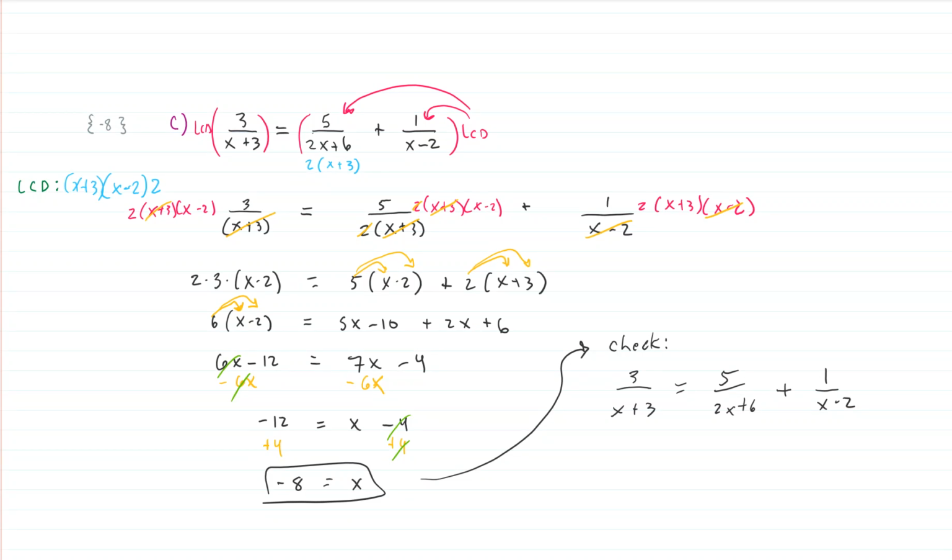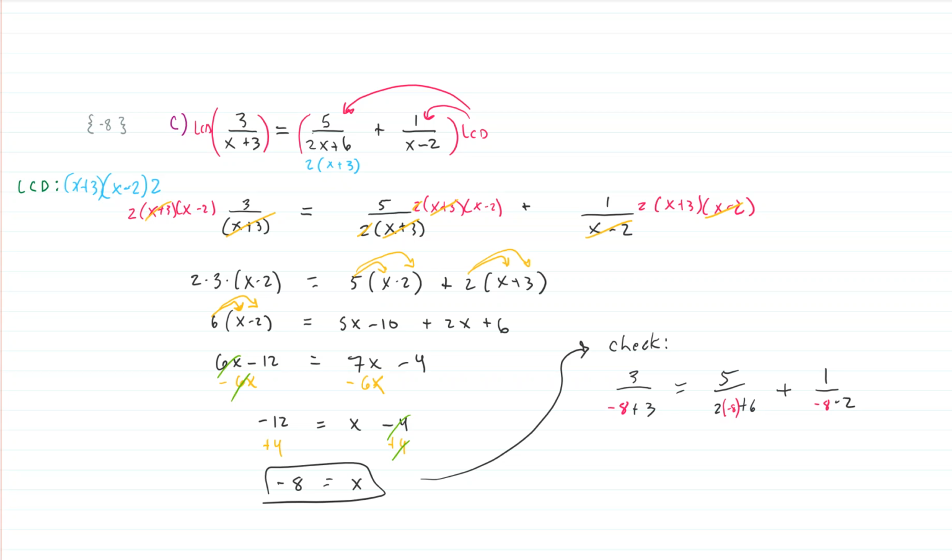And instead of having an x, I need to plug in my answer, which is negative 8. So I'm going to plug negative 8 in everywhere. And let's do some simplification now.